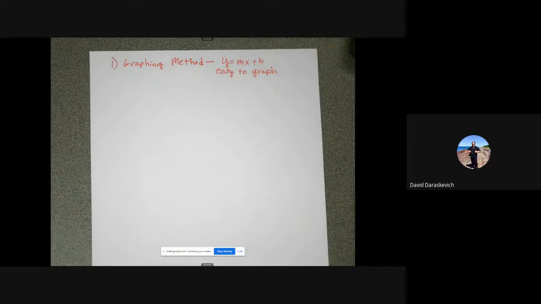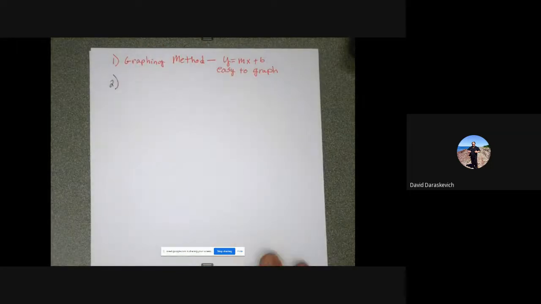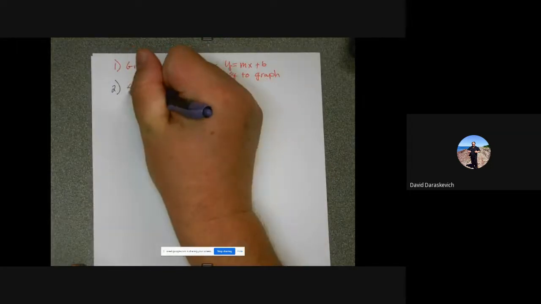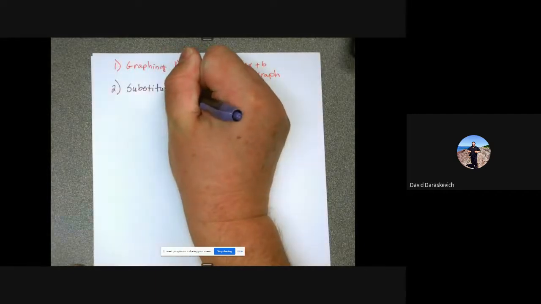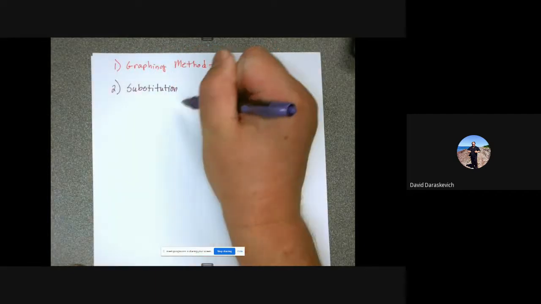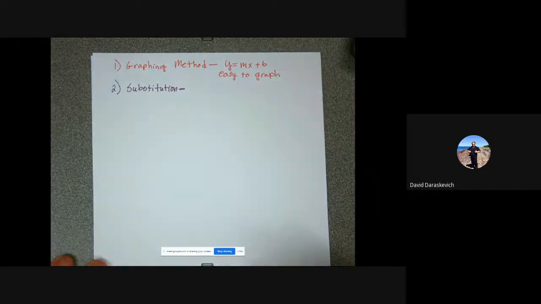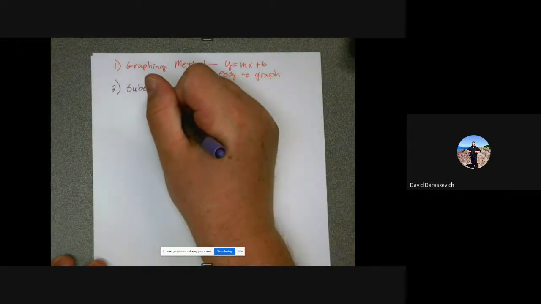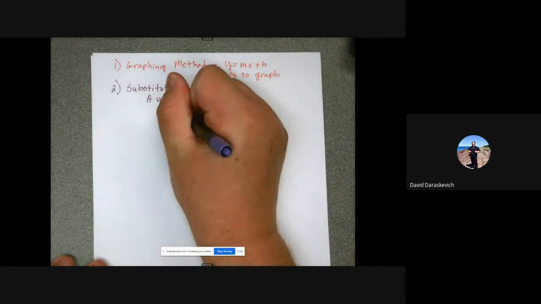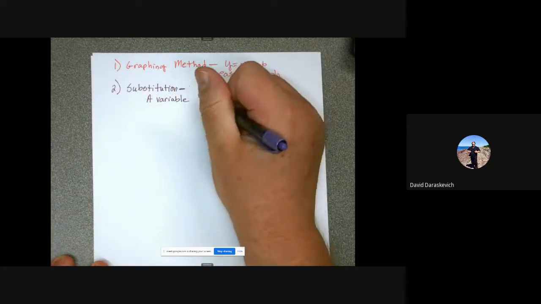Okay, then the second method was substitution, right? Now, the substitution method was really easy to use if you have a variable by itself.